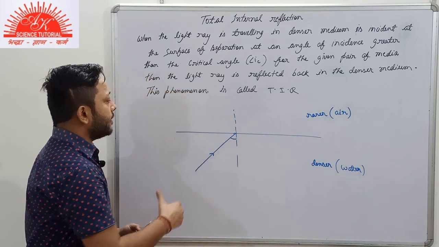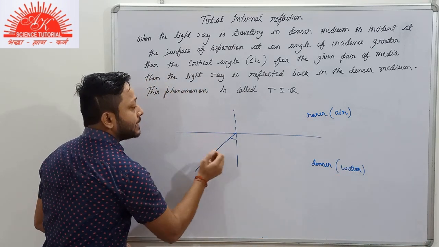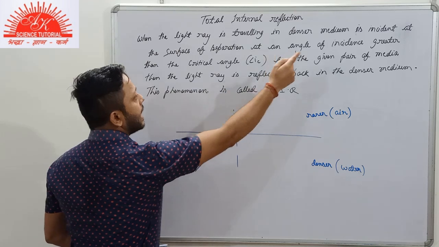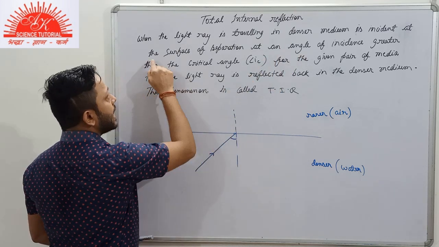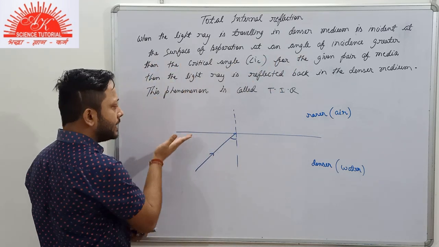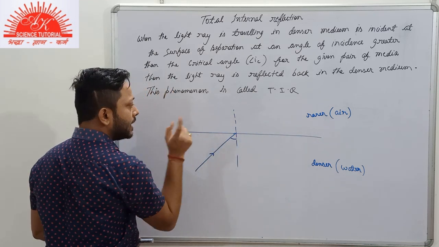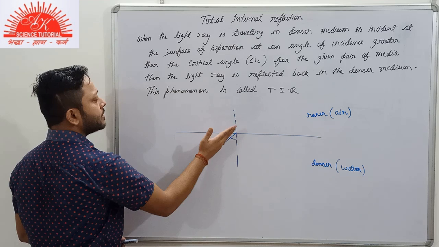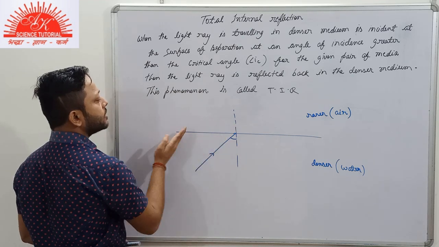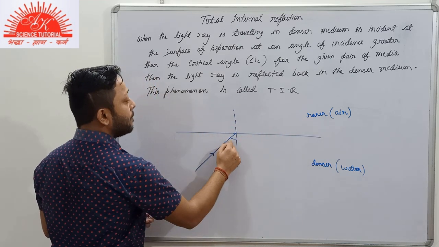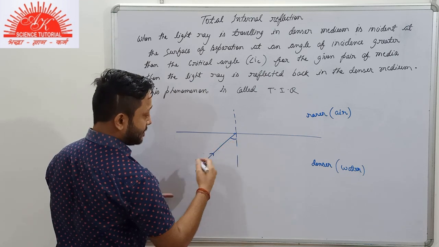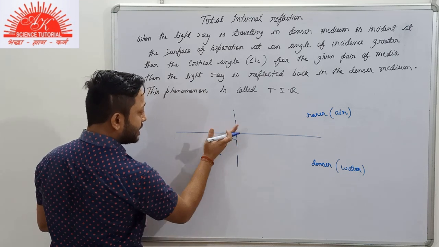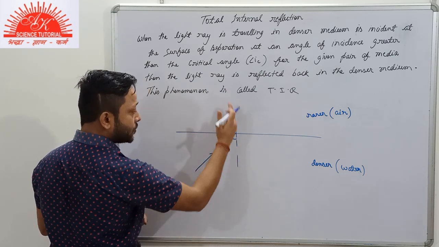If the light ray travels in the denser medium and is incident at the surface of separation, which separates both these mediums, water and air, it makes an angle of incidence with the normal.